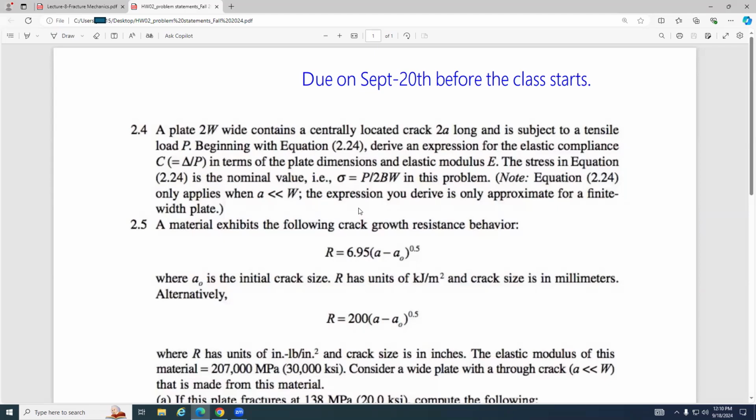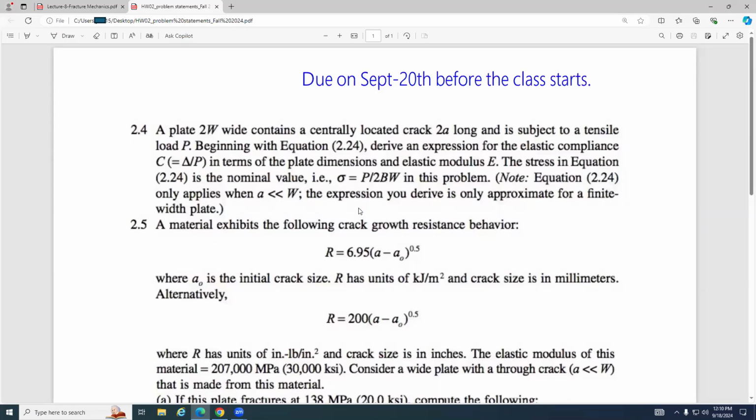Why is it only approximate for a finite width plate? Because of the side effect. For this to be exact, the plate needs to be infinitely high, theoretically.